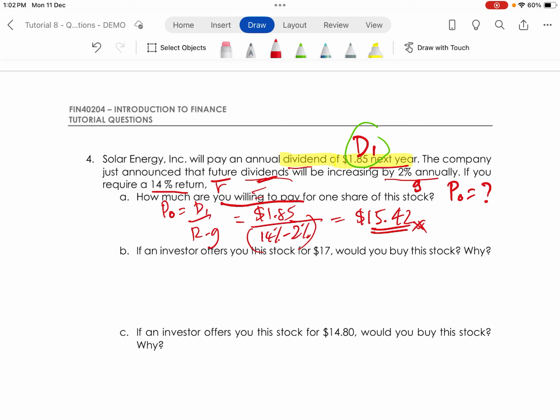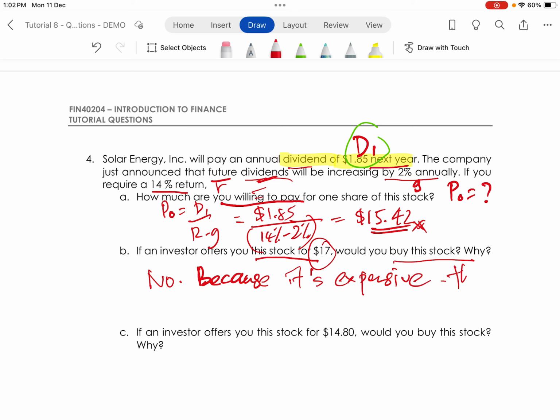Now, if an investor offers you this stock for 17, would you buy this stock? Why? Another investor offers to sell the same stock to you at 17. Would you buy or not? No, because it is expensive. You can mention it is expensive, or the actual price is higher.